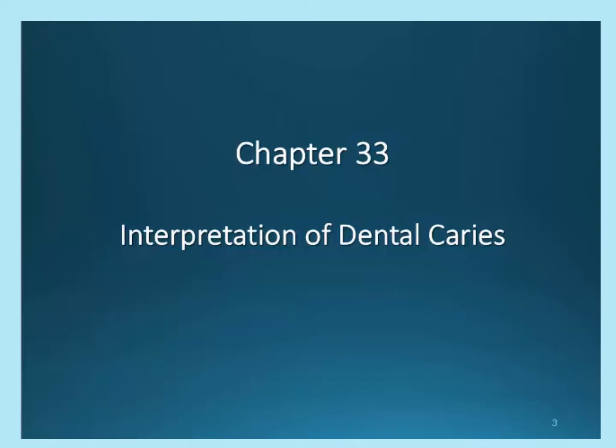Chapter 33, Interpretation of Caries, is an interesting chapter and probably the most important one of your interpretation series. Dentists place a great deal of responsibility on dental hygienists to find and identify decay during their recall appointments.